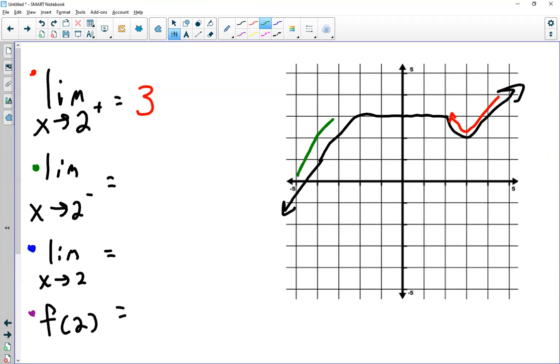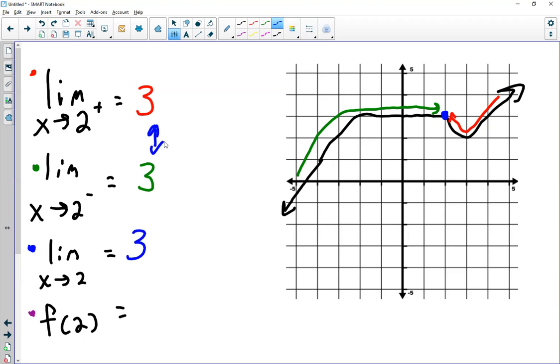I trace my finger until I get up to 2. Look how close I get. What does it look like it will land at? 3. The y value is 3. Now, for the limit overall, they have to be pointing at the same place. Since they both point at 3, then it's going to be 3.